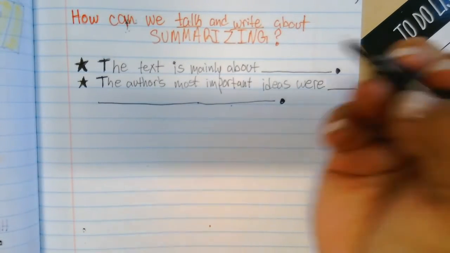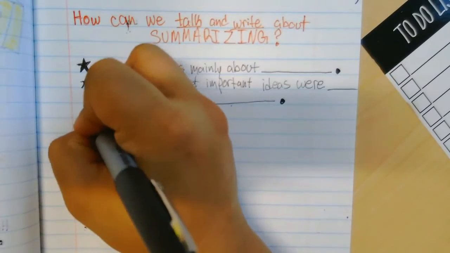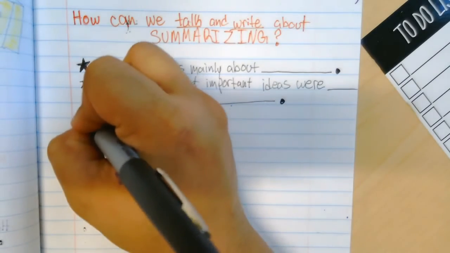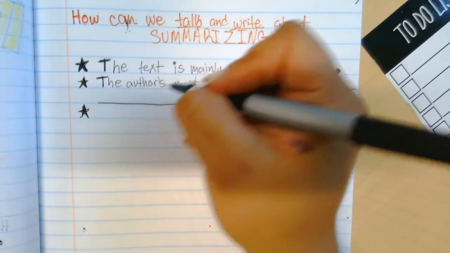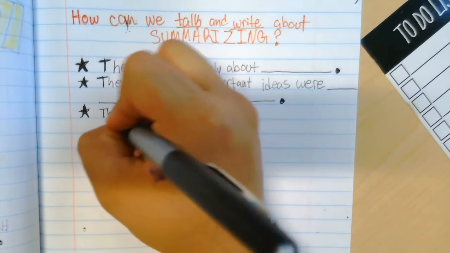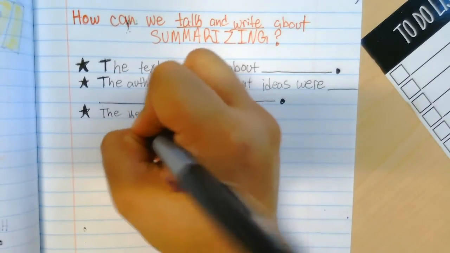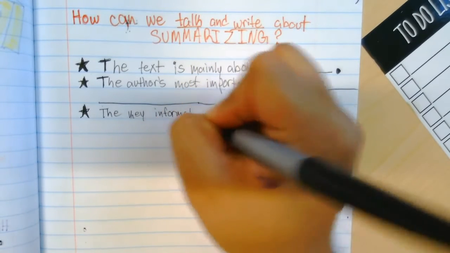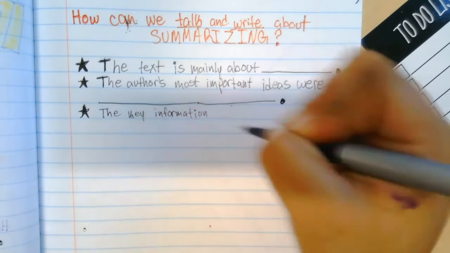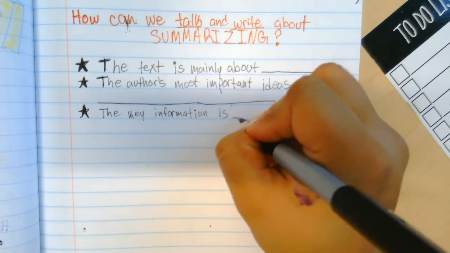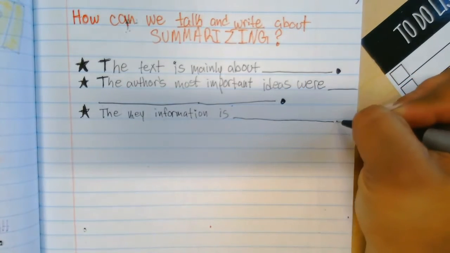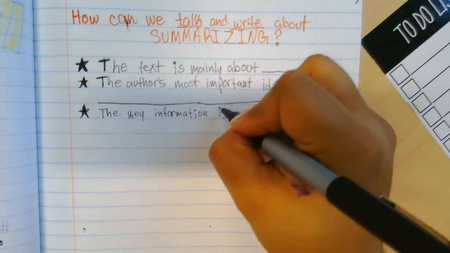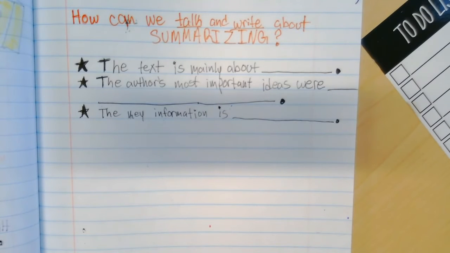Okay? Next one, star. The key information is, and then a line. Okay? The key information is, and then a line.